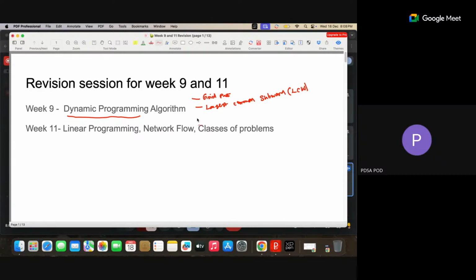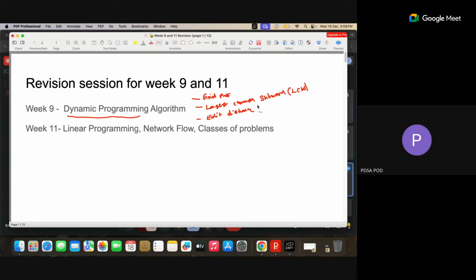Similarly, there is one more, edit distance. One particular string we want to convert into another string. While converting one string to another, how many edit operations do we need to do?